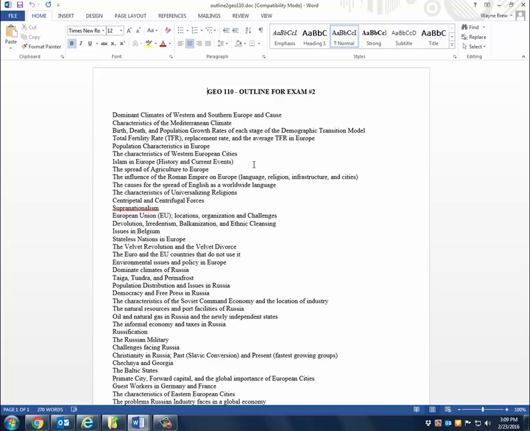So if you look at the dominant climates of Western and Southern Europe, these are dominated by, in the south, the Mediterranean climate, and when you get into Western Europe in the north, it's the West Coast climate form, the very modified climate that you find there, the West Coast version of it.